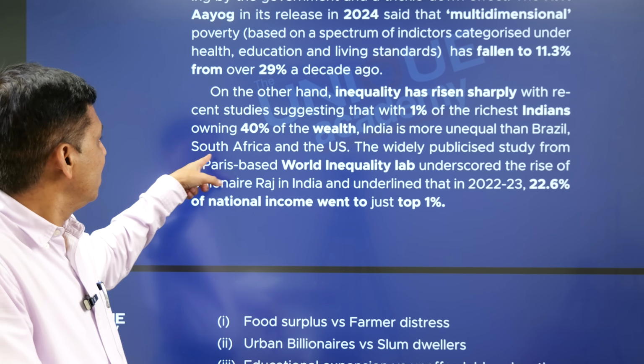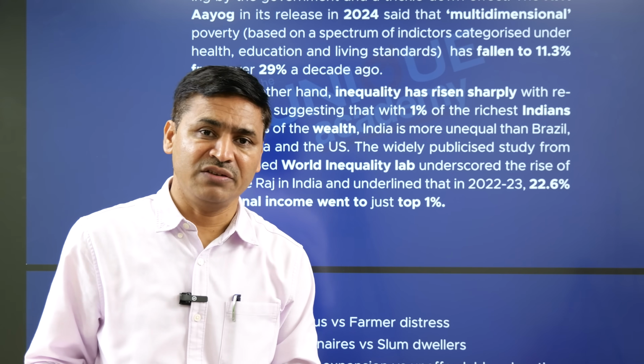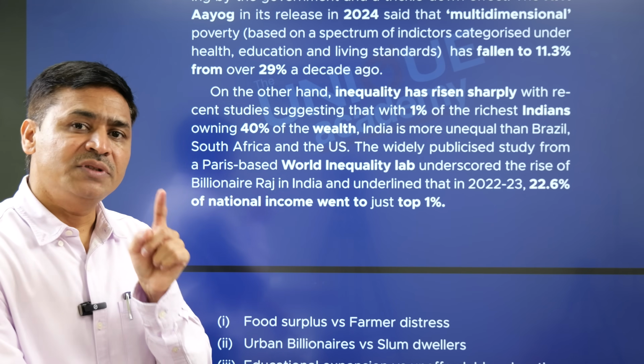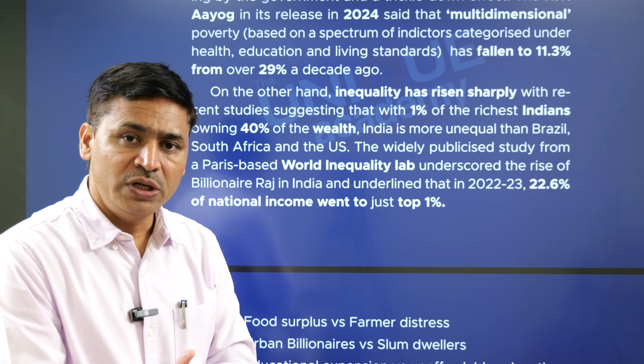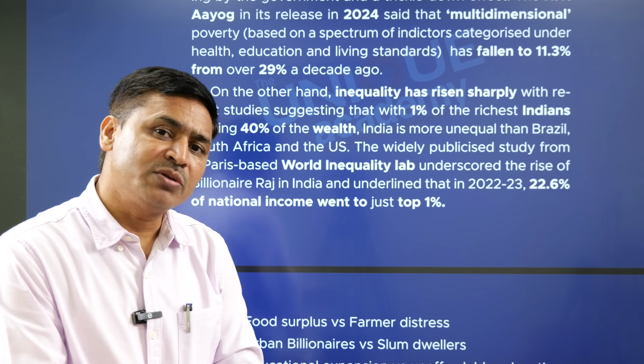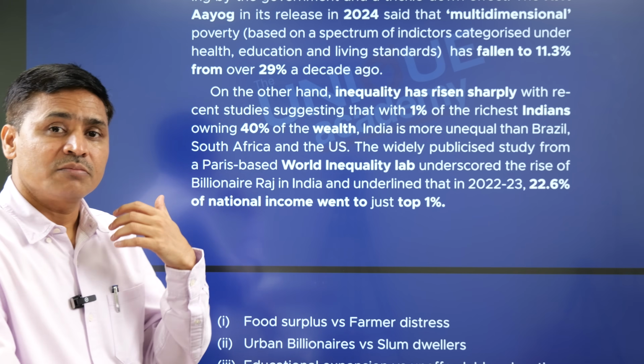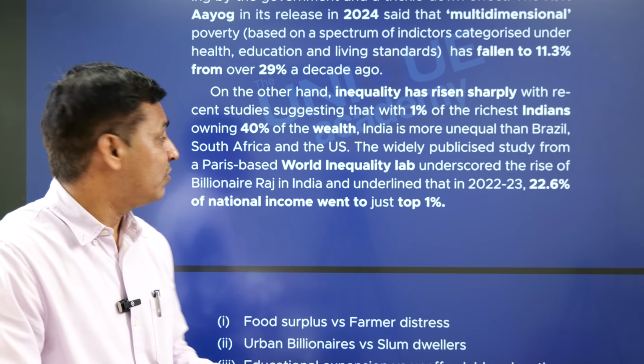India is more unequal than Brazil, South Africa, and the US. Now, this data is very significant. 1% of the richest Indians owning what amount of the wealth? 40%. You can imagine the scale of the inequality.